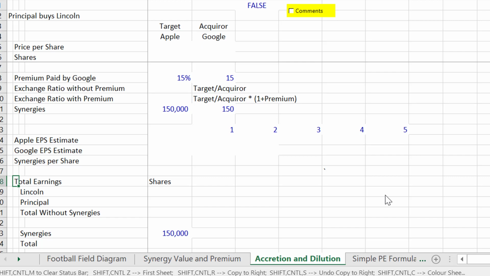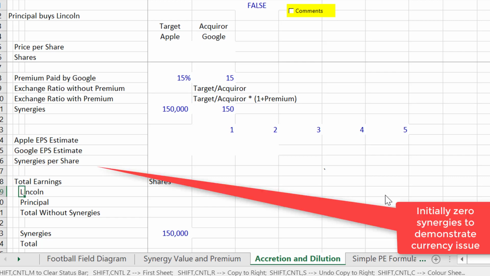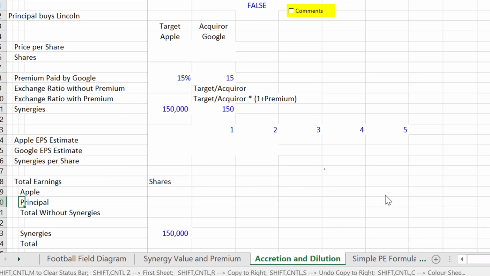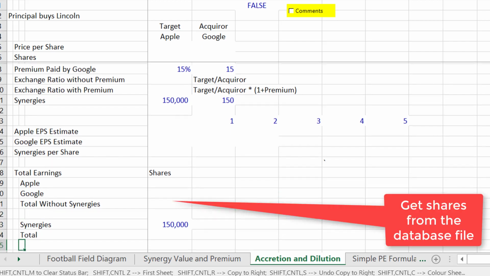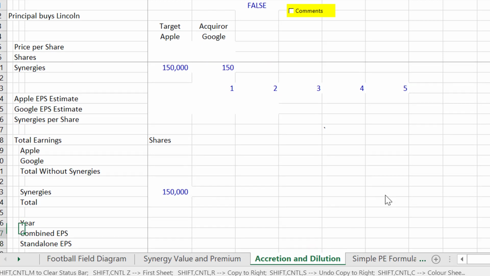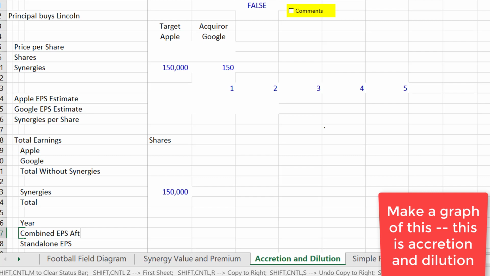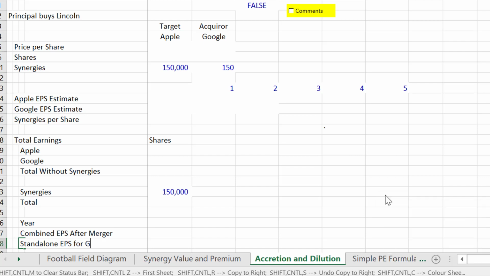So we're going to figure out what the earnings are for Apple. Just multiply the shares by the earnings per share. Do the same thing for Google. And then we're going to see what the total earnings are. And then after we get the earnings, we're going to look at combined EPS after the merger. And we're going to look at standalone EPS for Google.